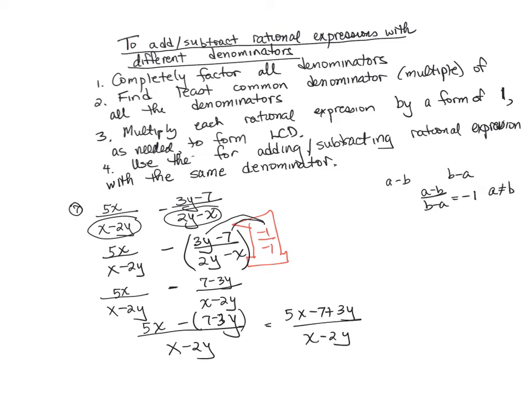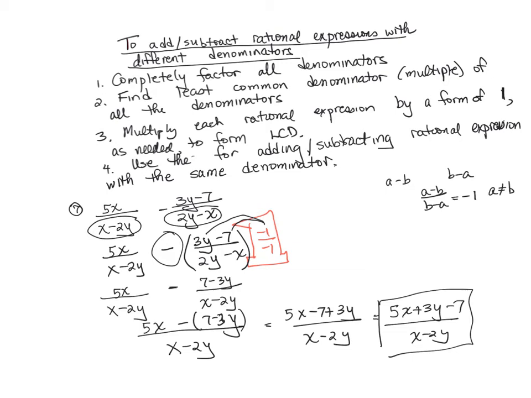And that gives us an answer of 5x plus 3y minus 7 over x minus 2y. And this is our answer in simplest form. I found this a little tricky because of the -1 over -1, in addition to the fact that we already have subtraction. So be very, very careful.